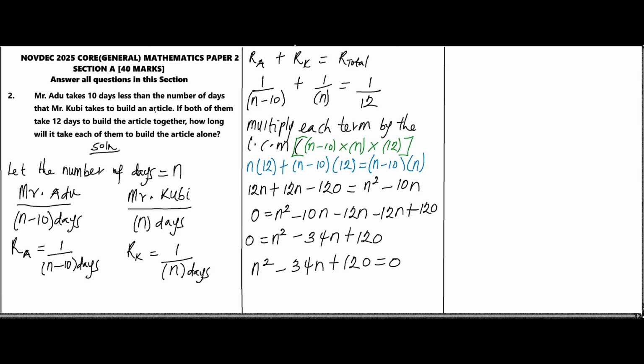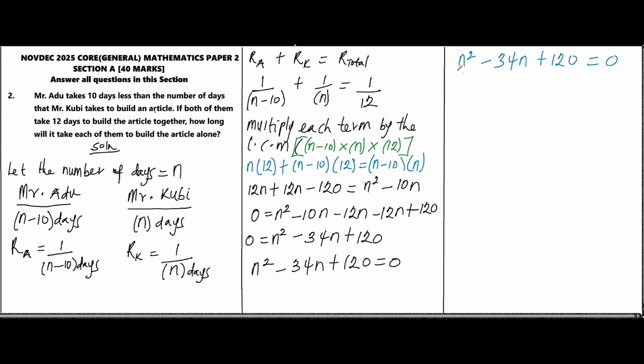So let me repeat this. We have n squared minus 34n plus 120 is equal to 0. So we know that the coefficient of n squared is 1 and the constant here is 120.